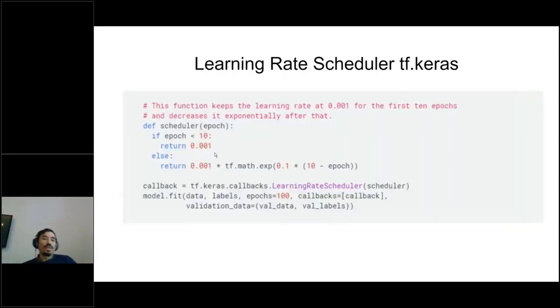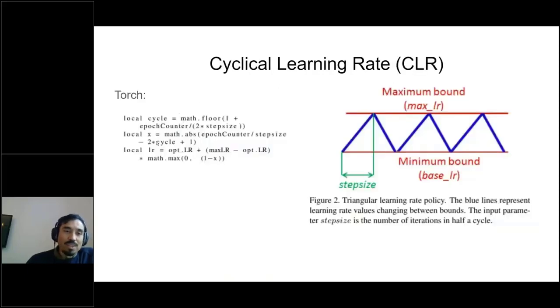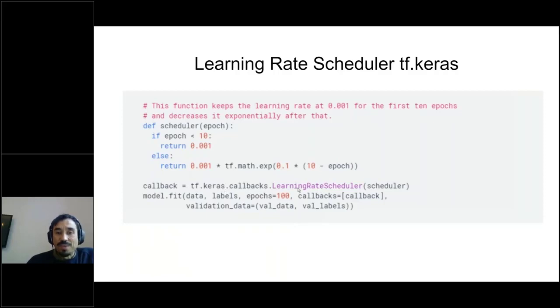If you want to do it in Keras, you write a scheduler. Instead of having these lines of code, maybe you have something similar to this cyclical learning rate, and then you can have it as a callback in Keras. That's one way to have it. And maybe combine them; I haven't tested it myself.